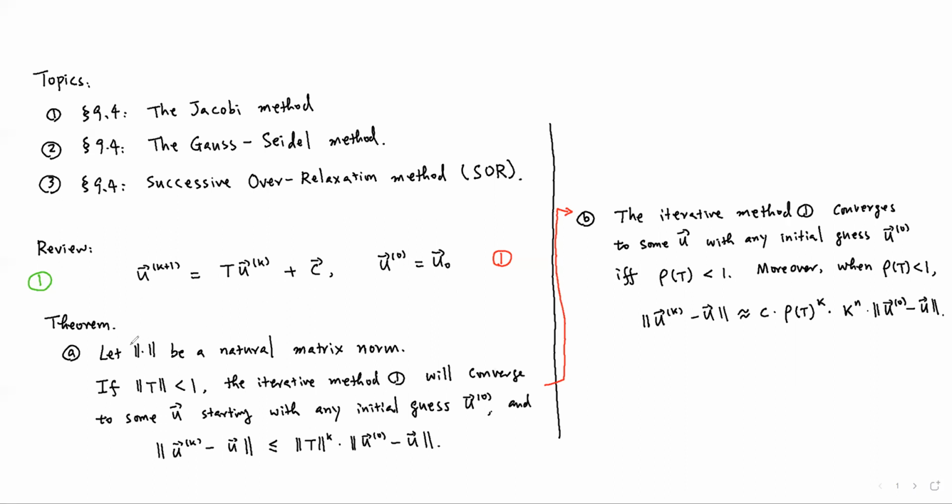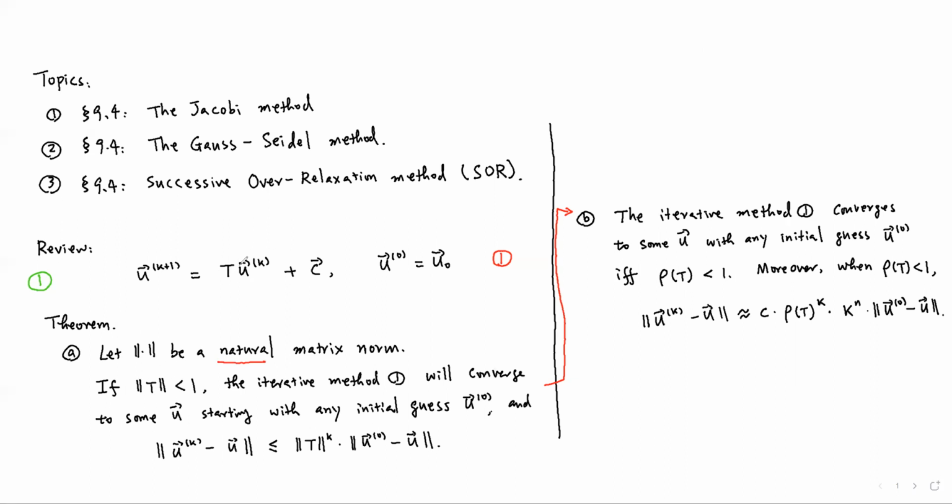The convergence of this iterative method depends on this theorem. Let this be a natural matrix norm, not another matrix norm. Yes, natural, this is important. To prove the results in this theorem, we require some properties of a natural matrix norm.